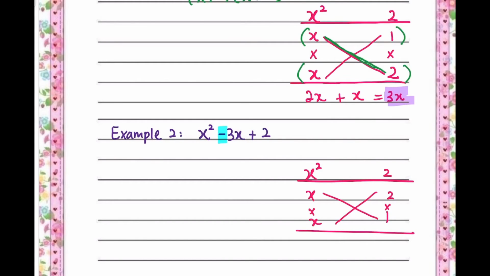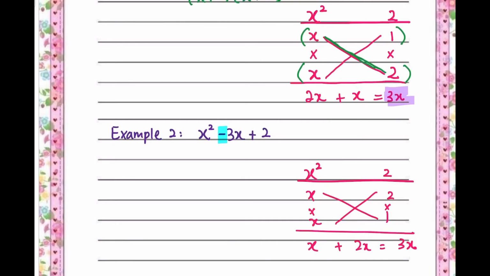Now this time too, when you cross multiply, it's x plus 2x, and then if you notice, I'm getting 3x again. But if you look at the question, I need negative 3x. So in this way that I'm doing it, the question is not correct, right?